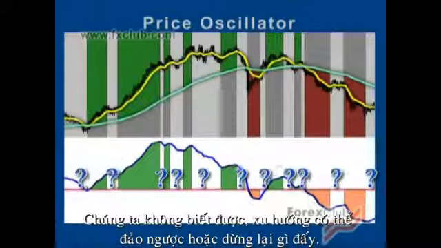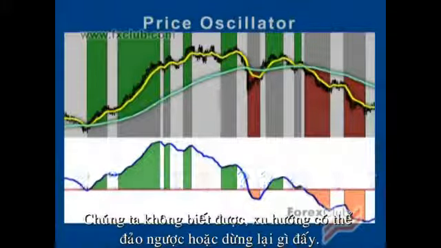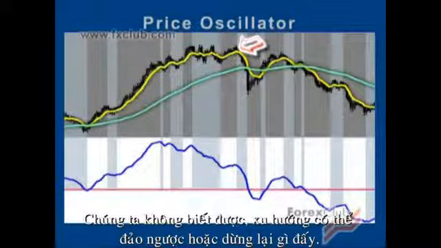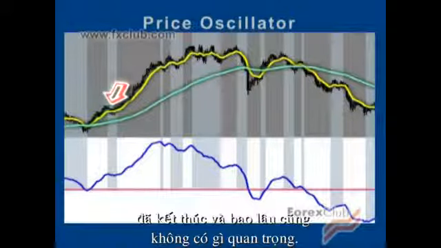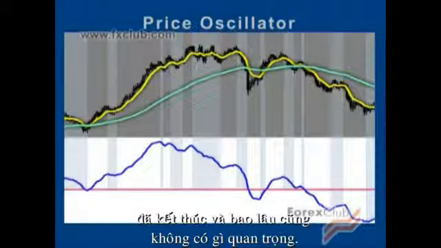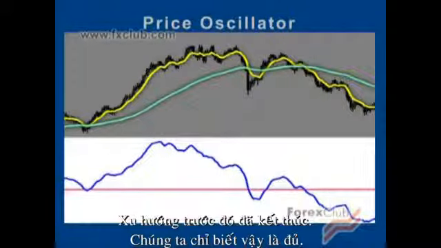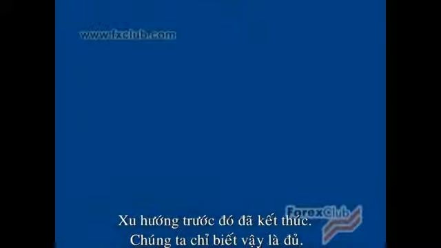We do not know. The trend has either reversed here or it's paused. In other words, all we definitely know is that the previous trend has gone, and it's not important how long for. The previous trend has gone, and that's all we need to know.